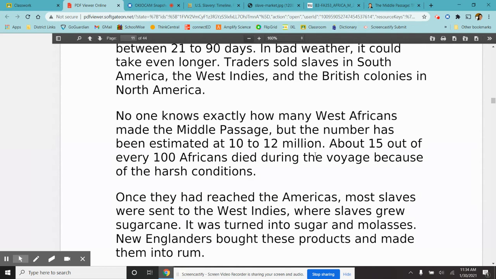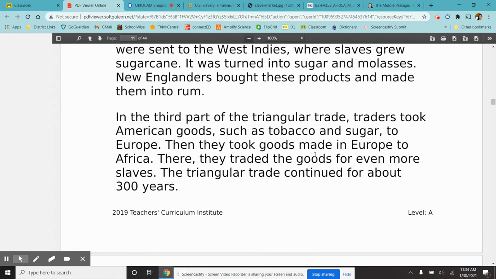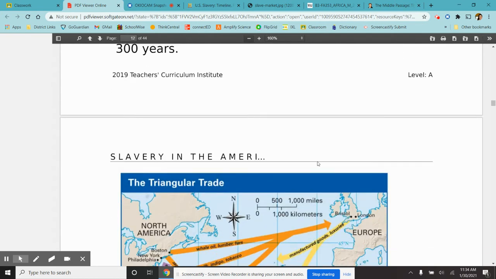It was turned into sugar and molasses. New Englanders bought these products and made them into rum. In the third part of the triangular trade, traders took American goods, such as tobacco and sugar, to Europe. They then took goods made in Europe to Africa. There they traded the goods for more slaves. The triangular trade continued for about 300 years.